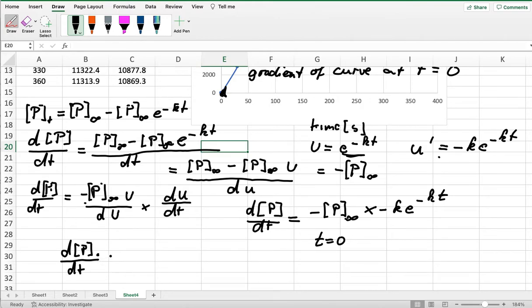At the time 0 would be minus p when we wait very long, times minus k times e to the power of minus k times 0. And that would give us 0, and anything to the power of 0, that would give us 1.